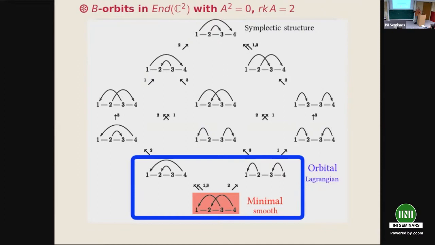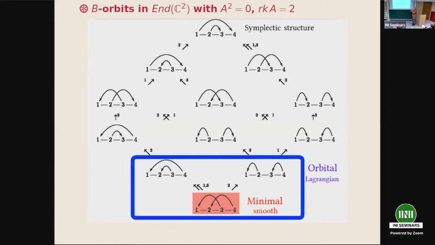Because if you change 1 with 2, then the first label will be inside. Otherwise, if you change 3 and 4, then the first label will be outside. Okay, and this is the picture of how these patterns change with respect to the action of the elementary reflections of the symmetric group.